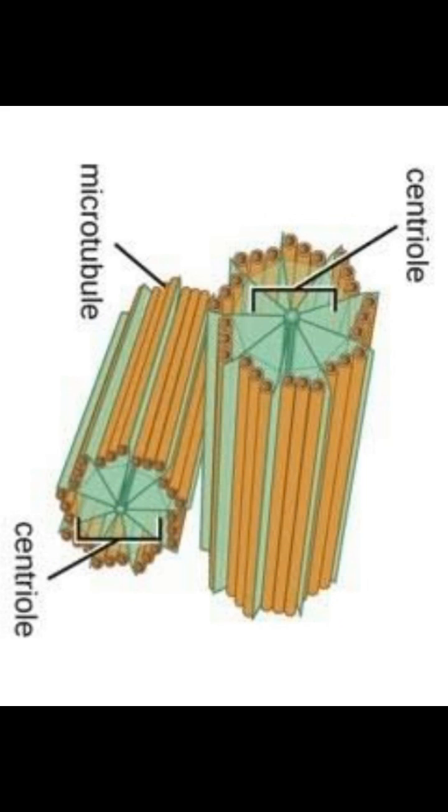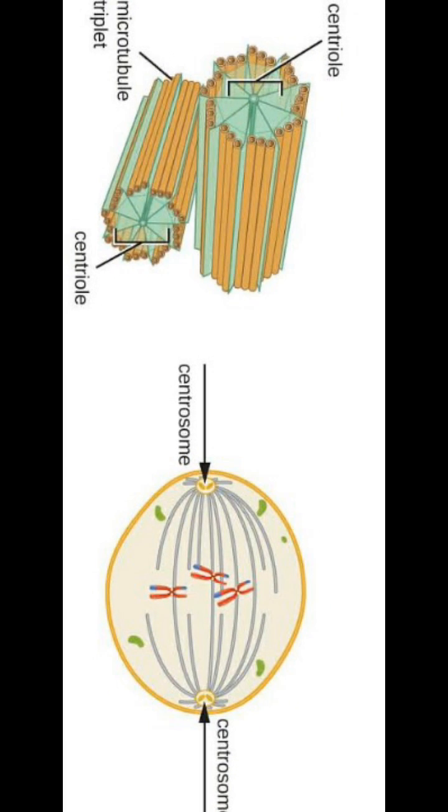Every centriole has a central portion like cilia and flagella. The central part of the proximal region of the centriole is proteinaceous, and it is called the hub. The hub is connected with the tubules of the peripheral triplets by radial spokes.